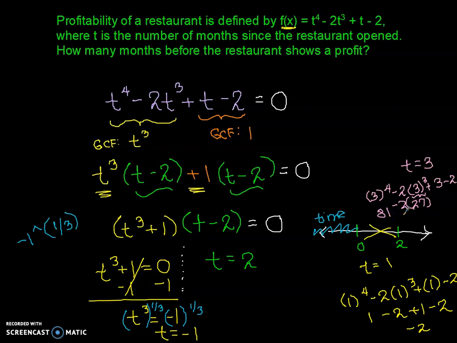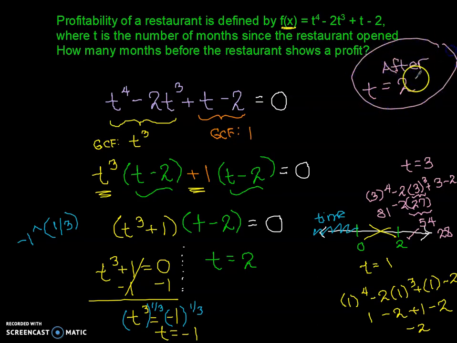And 2 times 27, that gives me 54. So now I'm just going to go from left to right. 81 minus 54 plus 3 minus 2, and that'll give me a total of 28. So when t equals 3, y equals 28, which means it's positive. So anything after 2 months would be a profit. Not at 2 months, because remember at 2, the profit is 0.